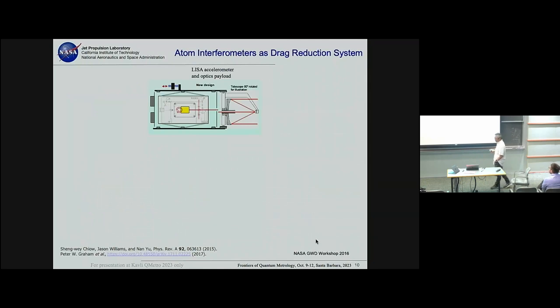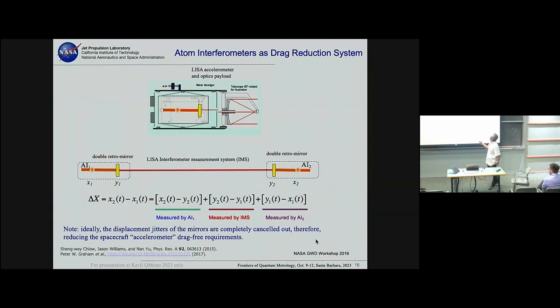Now, as an atom interferometer, we know that we can measure the acceleration or the distance change, so we can simply replace that with an atom interferometer inside the cage rather than a proof test mass. And the point is that then the atoms can be reproduced and are always in the same place. Then potentially you don't have to keep the satellite following the test mass. Therefore, you don't have to fly drag-free in some sense.